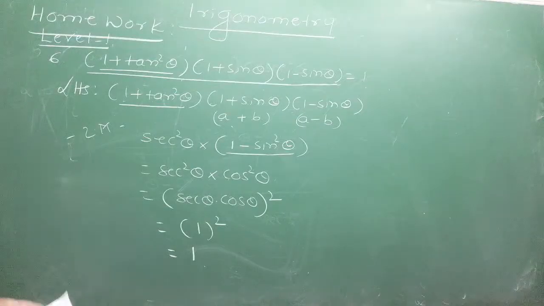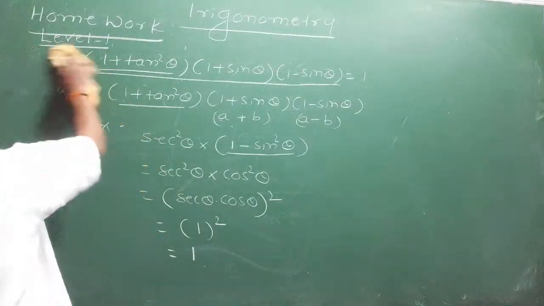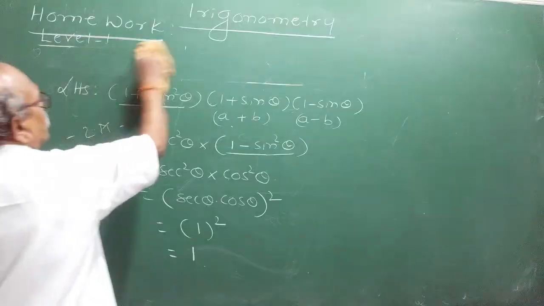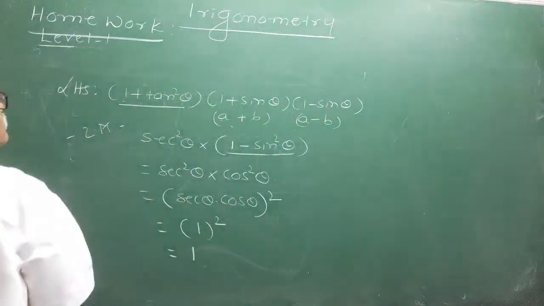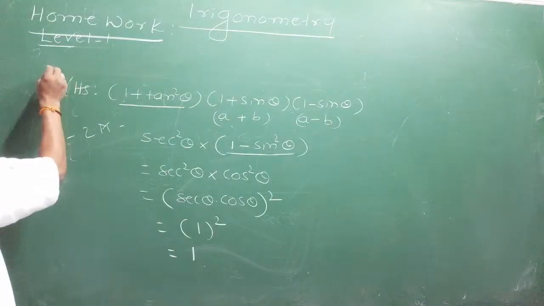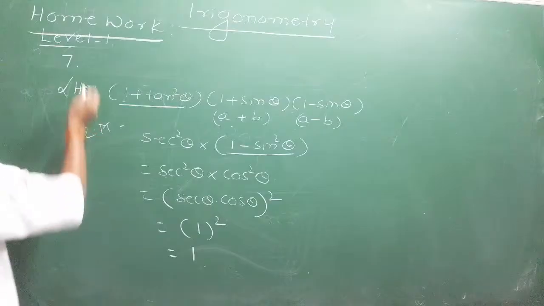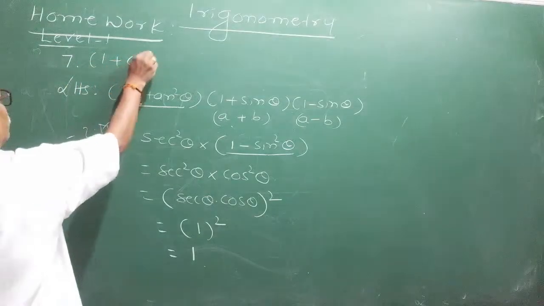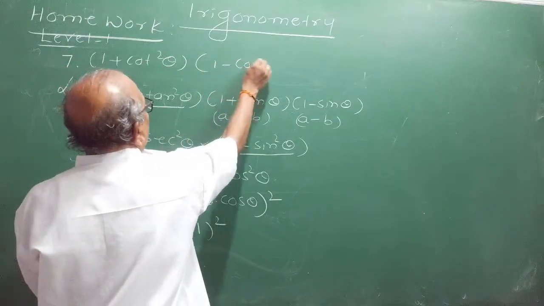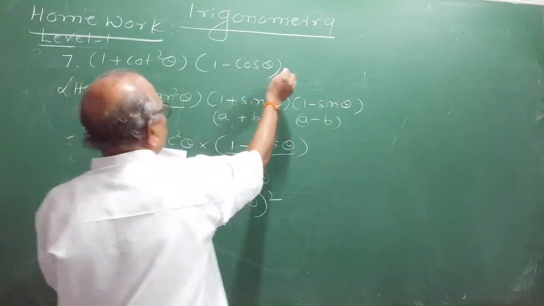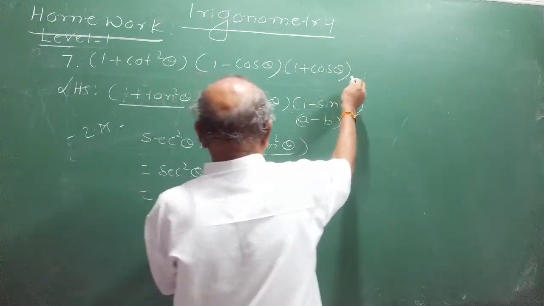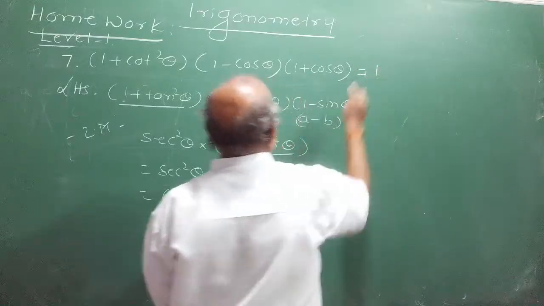Move on to the next question, similar type. 7th question. By this time you must be perfect in all identities. This is the tough area. Many students are losing marks here. 7th question, I think I had given you: 1 plus cot square theta into 1 minus cos theta into 1 plus cos theta is equal to 1, we have to prove.